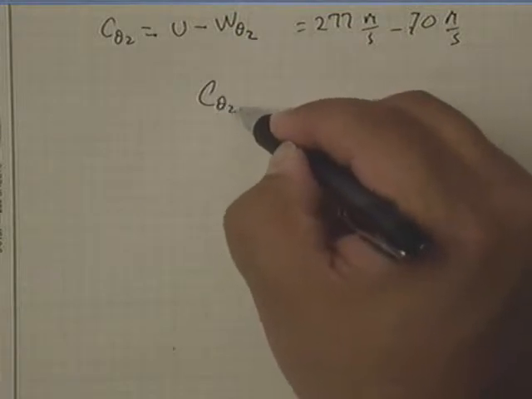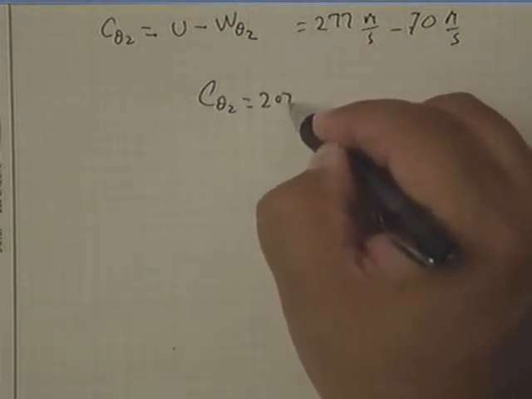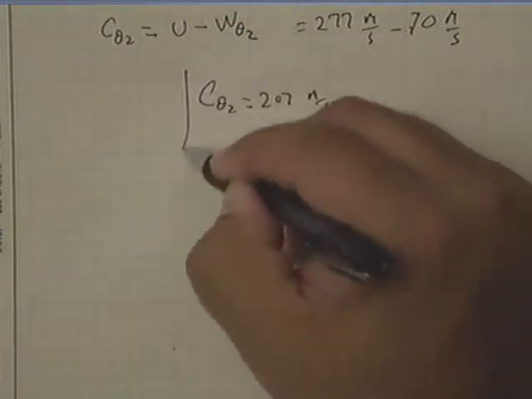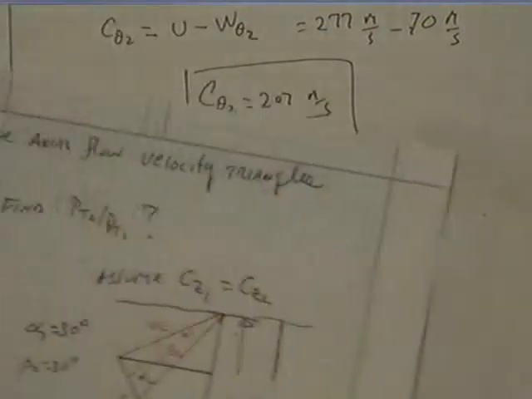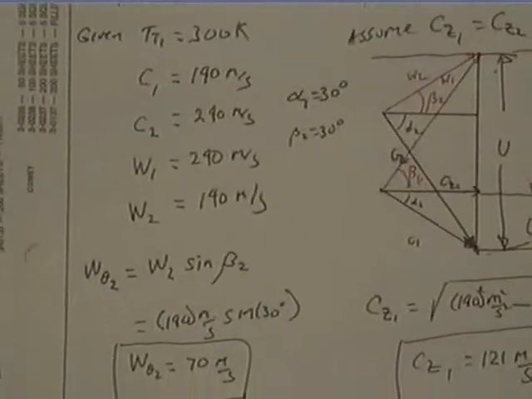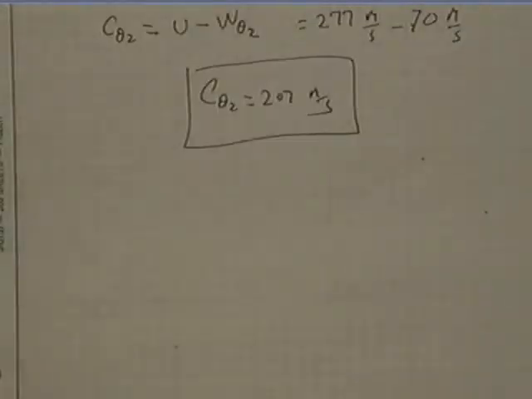So C theta 2 is 207 meters per second. Hopefully that's bigger than C theta 1, which we found to be 70 meters per second. So yes, work is being put into the flow.